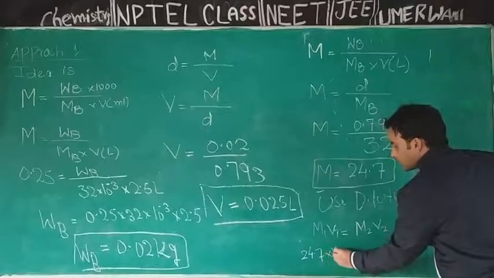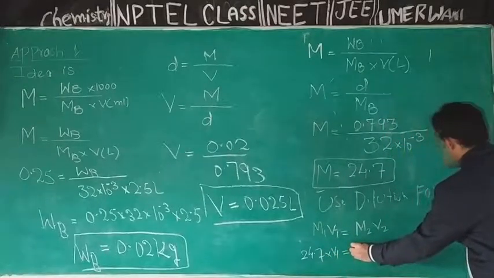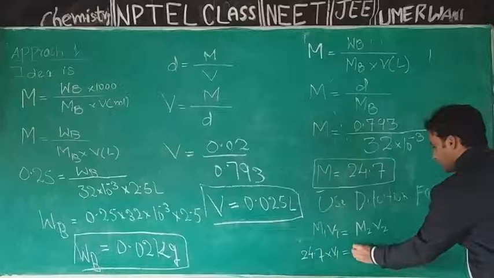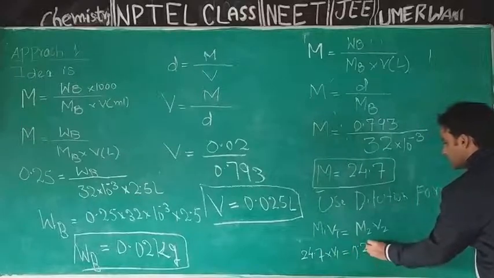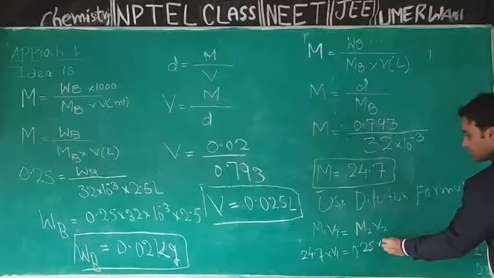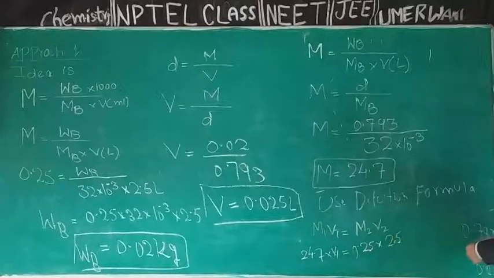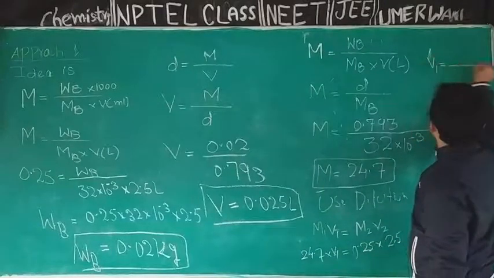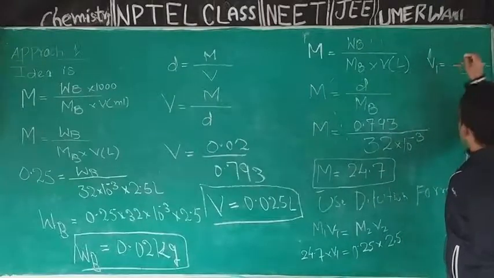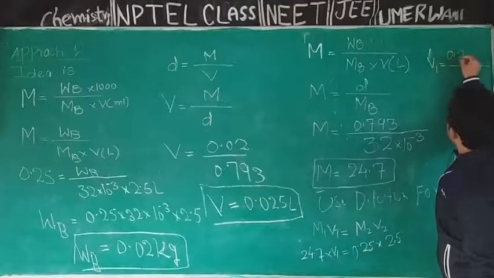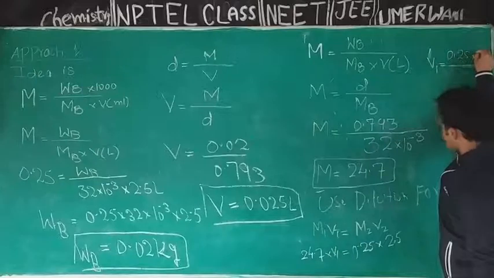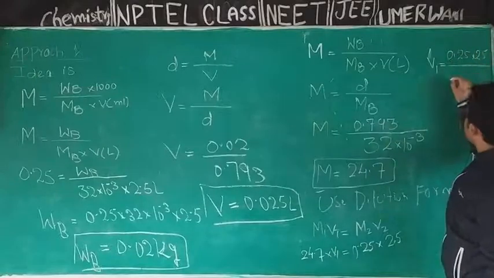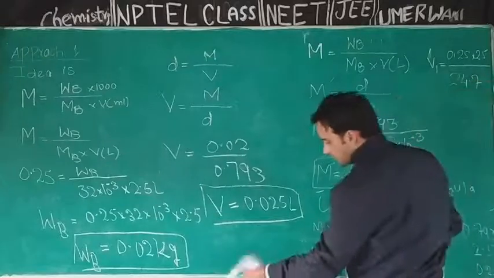M1 multiplied by V1 is equal to M2 V2, M2 is given 0.25, volume is also given 2.5. V1 will come equal to 0.25 into 2.5 divided by 24.7, and I have already evaluated this value.